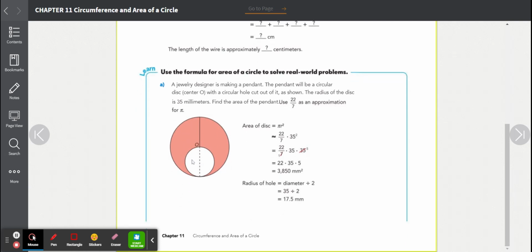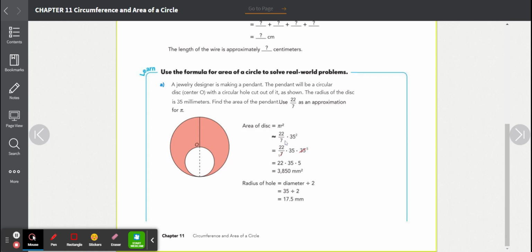So when we're looking for the area of the pendant, we're looking again for the area of the pink, not including this white. So we're going to have to find the area of the whole circle. We're going to find the area of the hole, and then we're going to subtract the area of the hole from the area of the disc. So our area formula for a circle is pi r squared, right?